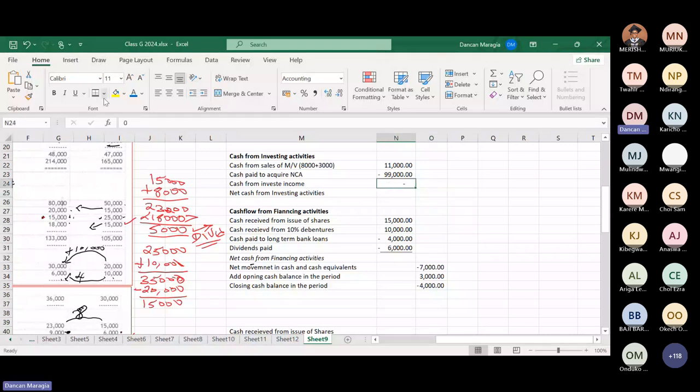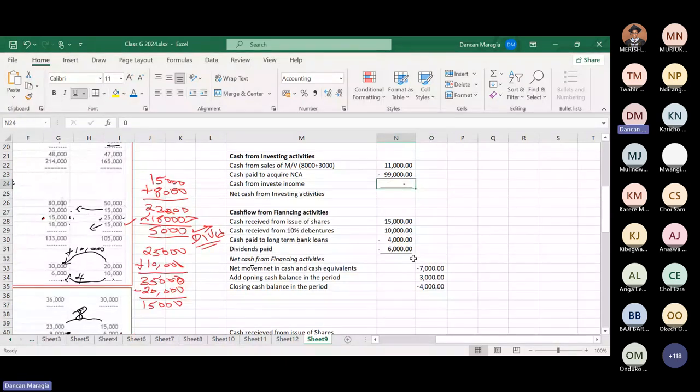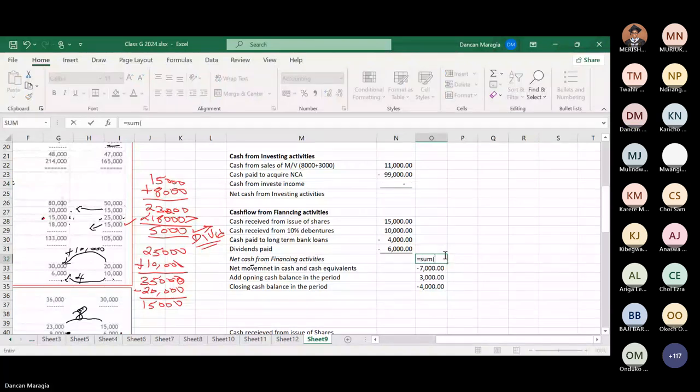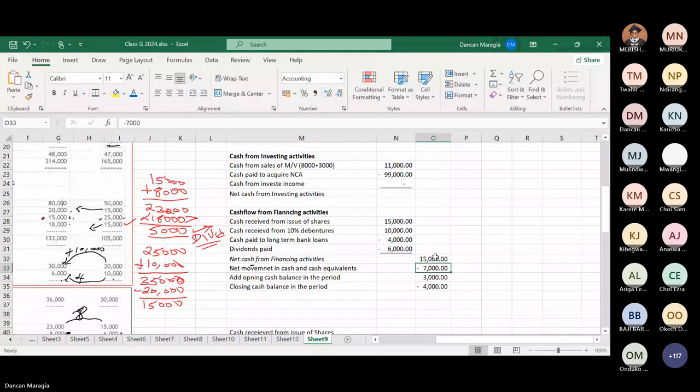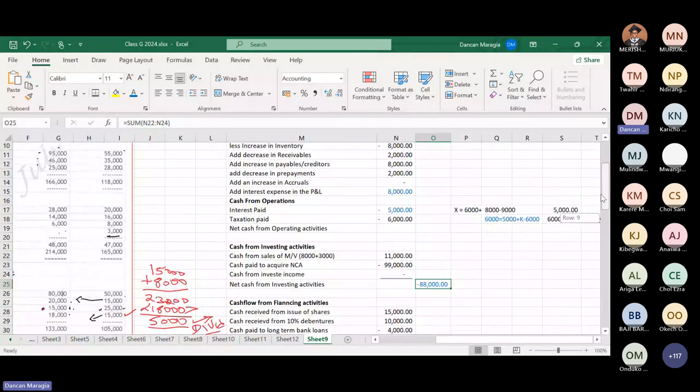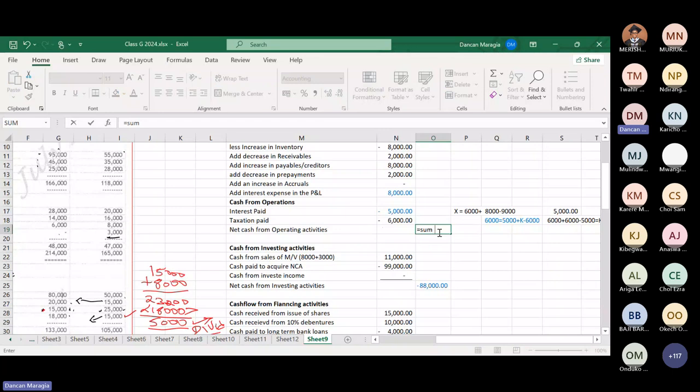Net cash. Now we do net cash from financing activities, cash from investing activities, and cash from operating activities.